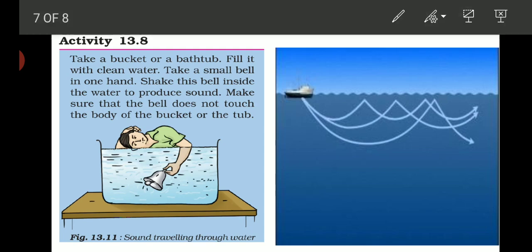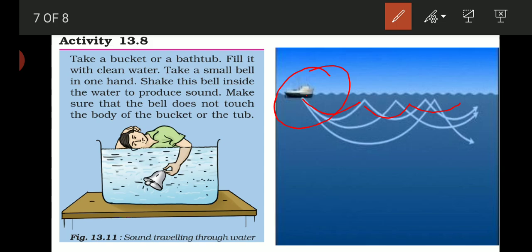Here in this picture there is a ship in the water which is producing sound, and the sound from the ship is propagating through water in this way. These are imaginary lines by which sound propagates through water. Water animals like dolphins also produce sound, and the sound can be heard underwater.